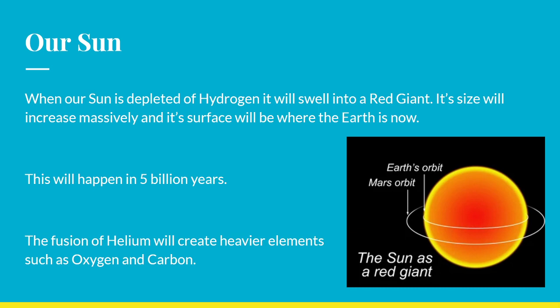It's been looked at that other stars like our own that have gone to the red giant phase swell so much bigger, and actually the sun's surface will be where the Earth is currently. So when the sun becomes a red giant, the Earth will be engulfed in the sun.